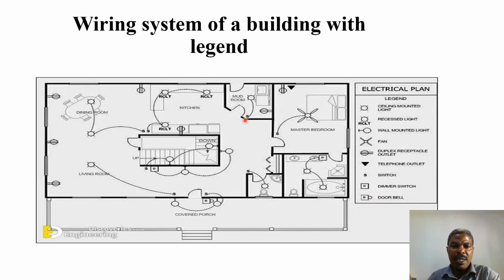So it assists description of what has been employed in our wiring diagram. For more explanation, as you can see, this is for fan. You can see a fan is there for master bedroom. So that's how one can come up to the schematic diagram for a domestic house.